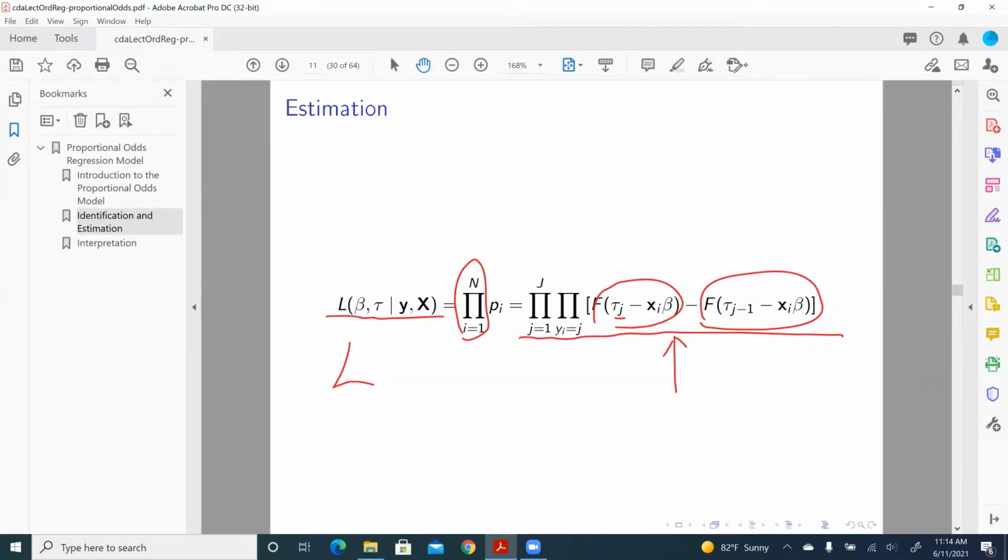And taus are what are called auxiliary parameters. They're useful for estimating the model, but they're not that useful for interpreting the results. At the same time, we're going to figure out beta. Okay? And at the same time, we're going to calculate the variance covariance matrix of these maximum likelihood estimators, which turns out to be the inverse of the information matrix, or the negative of the expected Hessian matrix inverse.